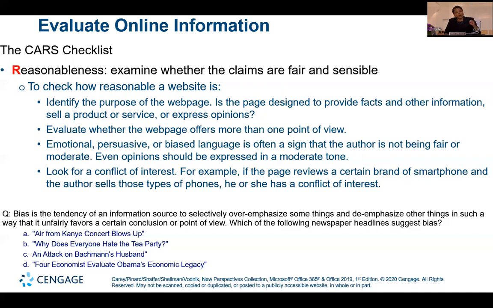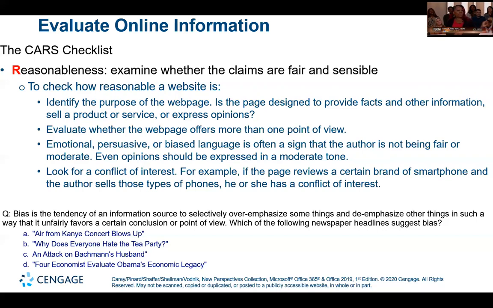All right, so here's your question. Bias is the tendency of the information source to selectively overemphasize some things and de-emphasize other things in such a way that it unfairly favors a certain conclusion or point of view. Which of the following newspaper headlines suggest bias?